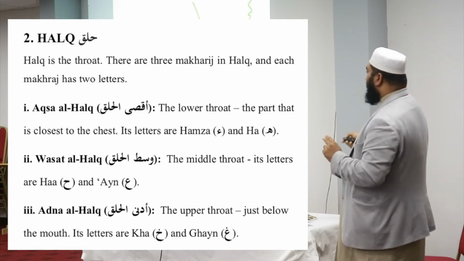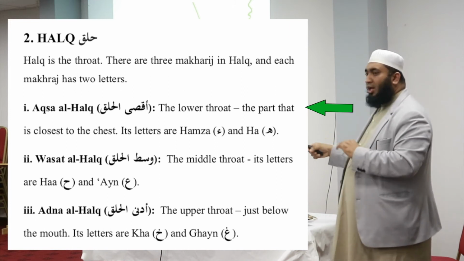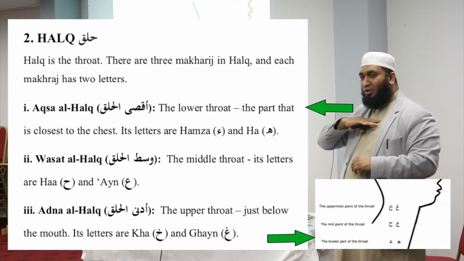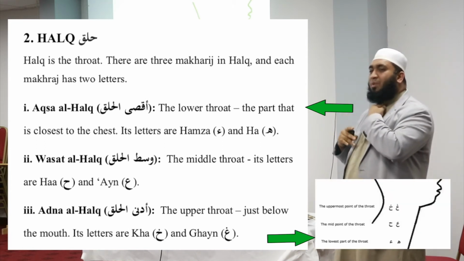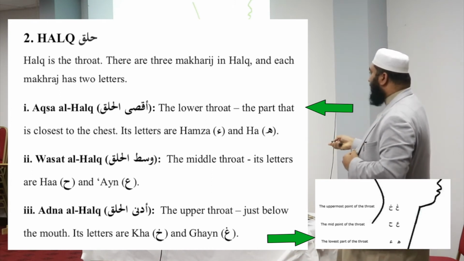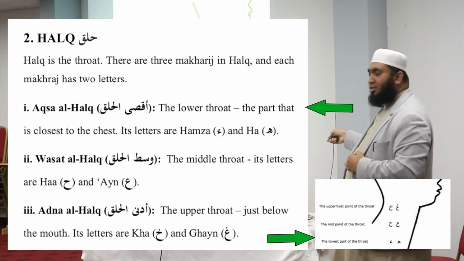So the first one is Aqsa al-Halq. We are coming from all the way down, the last part of our throat, the lowest part of the throat. Imagine a person facing you, and this is their throat.